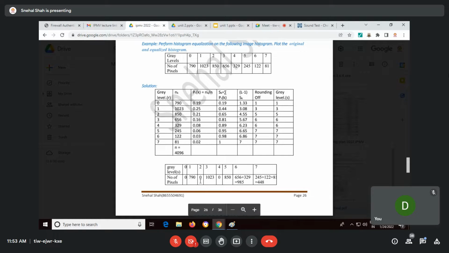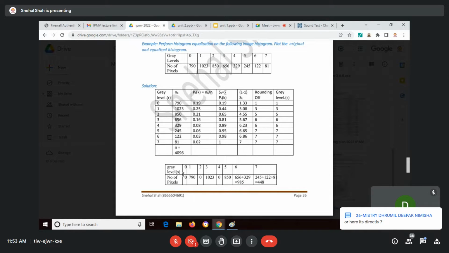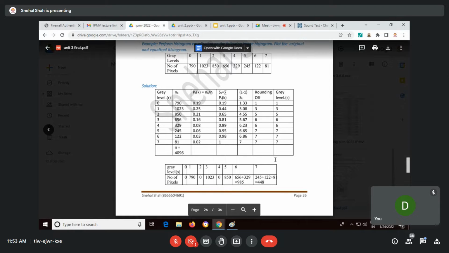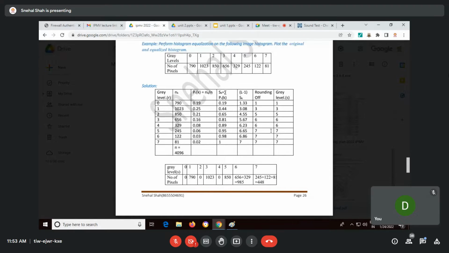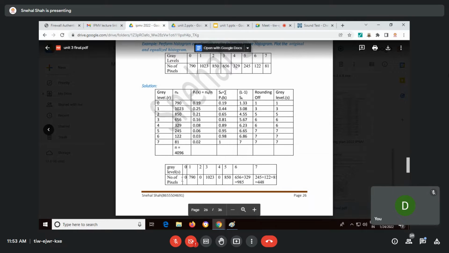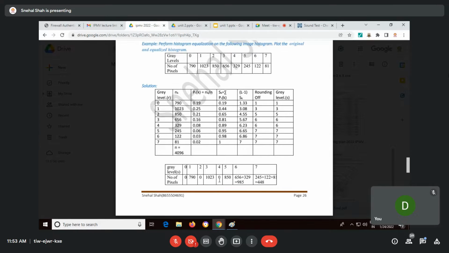I have written zero here because these gray levels are absent in the new image. New image means what? This is my new image gray levels, last column. So here gray level 0, gray level 2, gray level 4 are absent. That means the number of pixels for that particular level is zero, there are no pixels at all. That's why I have written 0.